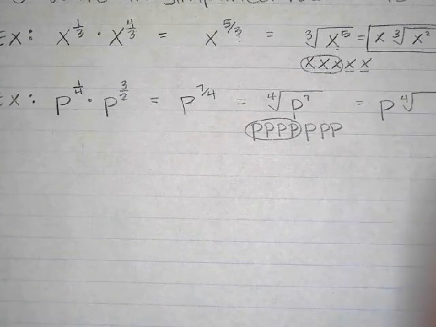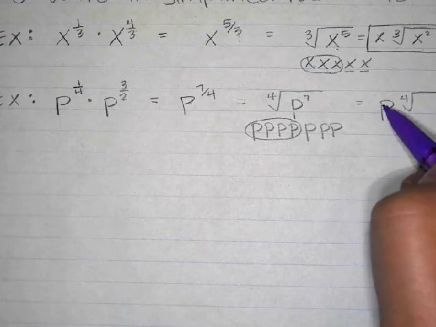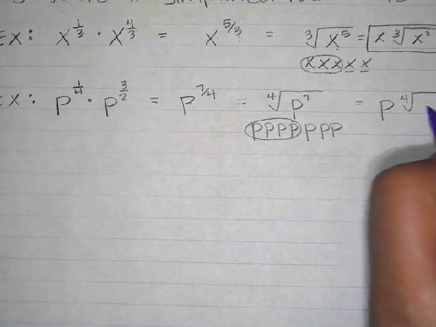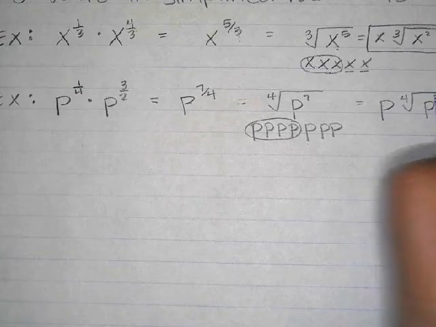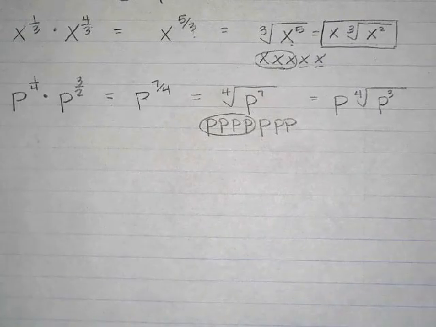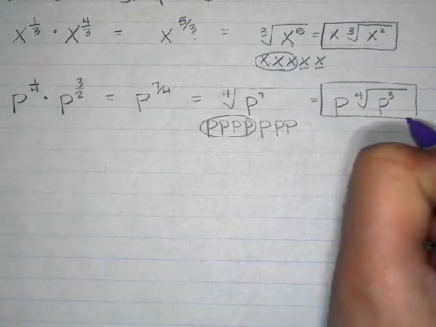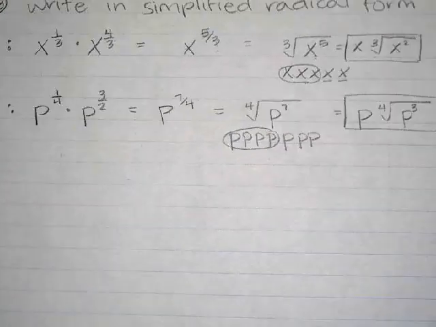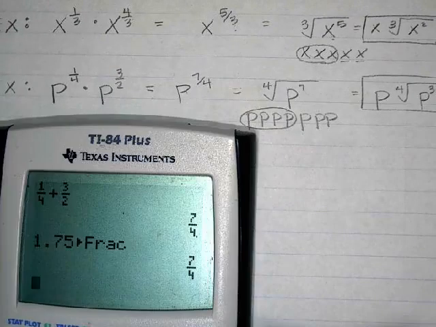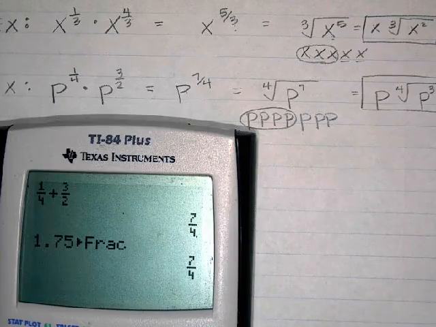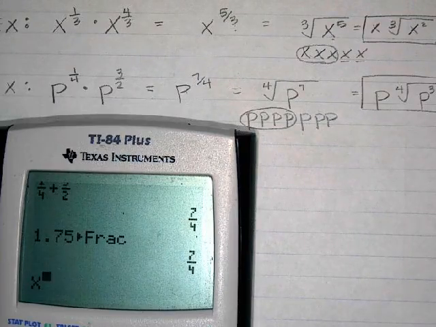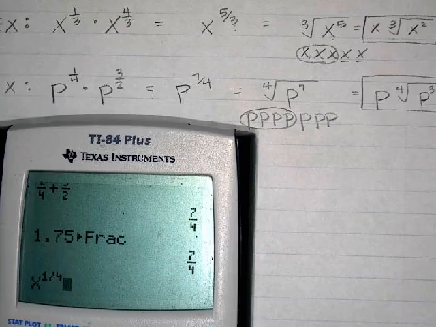So p times the 4th root of p cubed. And if I want to check my answer, I don't even have to store something new for x. I could leave what I had stored for x before. I could do x to the 1/4 times x to the 3/2.